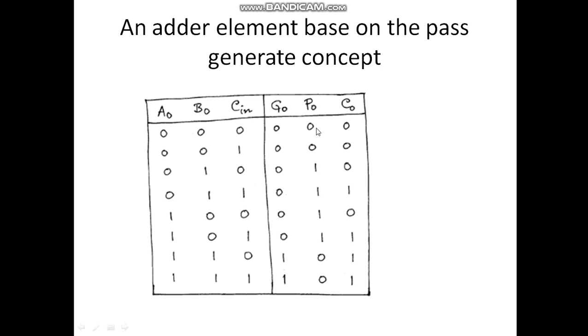And when P0 is 0, so under this case you can see that when G0 is 0, C0 is 0, that is same as A and B. And when P0 is 0, G0 is 1. Okay. C0 is same as A0.